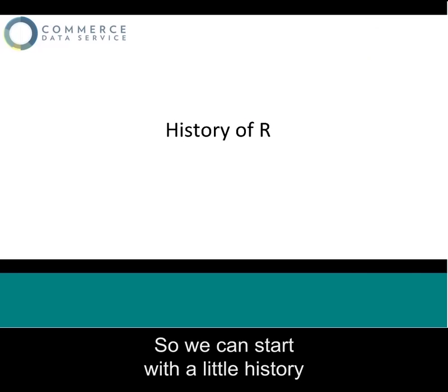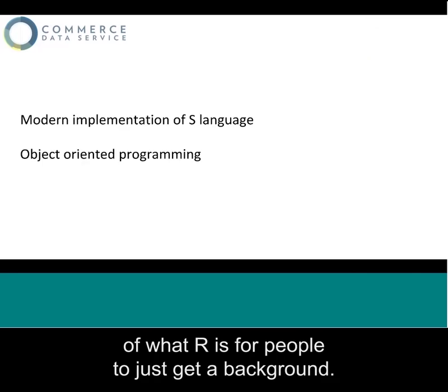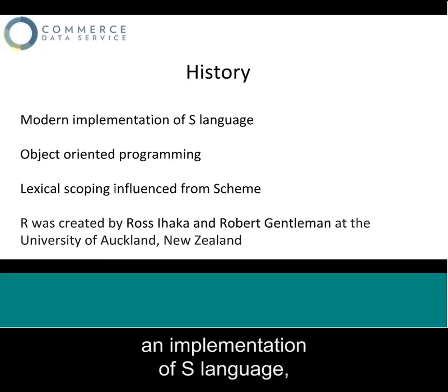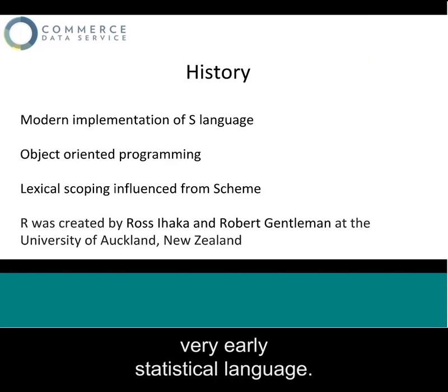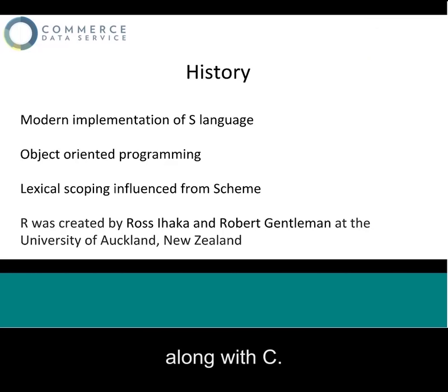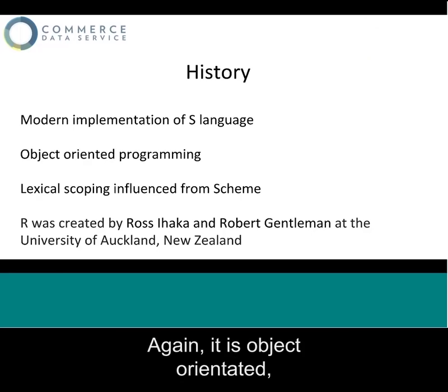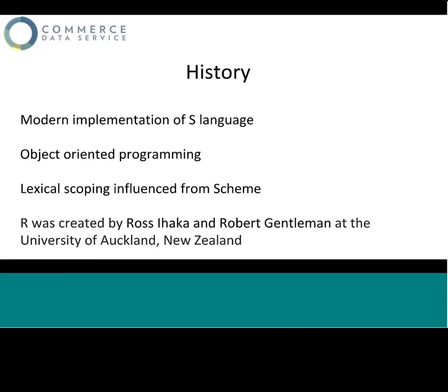So we can start with a little history of R for people to get a background. R is actually an implementation of the S language, which is a very early statistical language, created at Bell Labs, along with C. Again, it is object-oriented, meaning we're defining objects in memory in R, and we're doing actions on top of them.